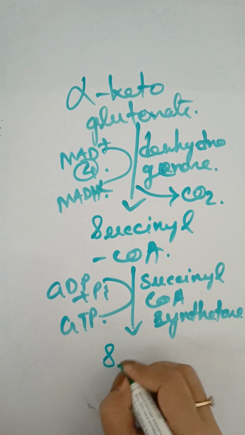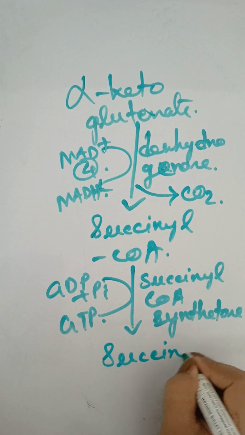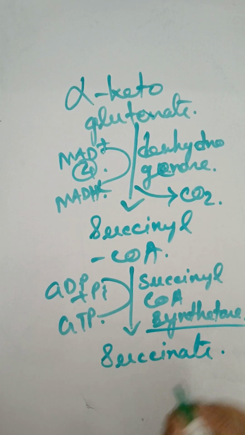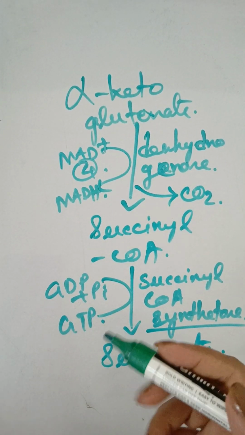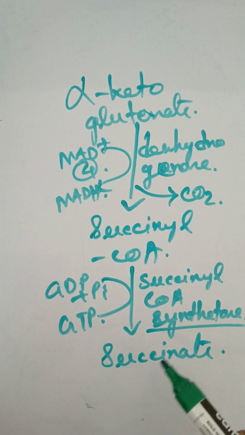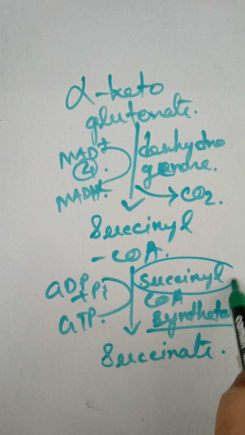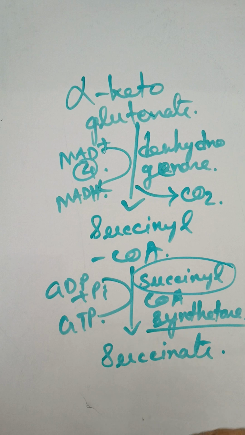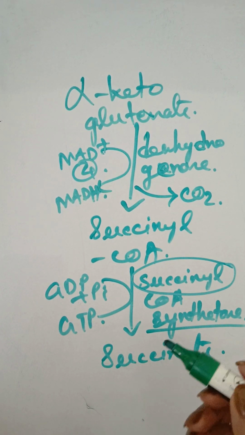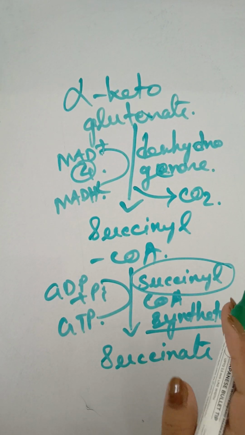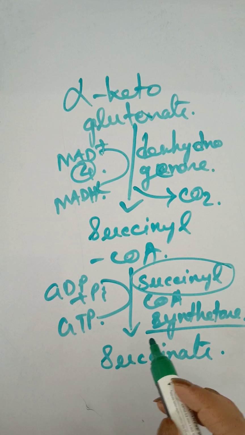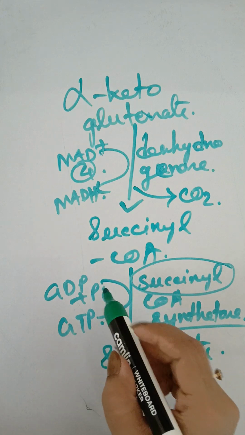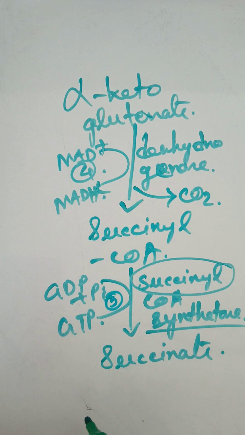Now it will give rise to succinate. Always remember, synthetase means that enzyme which helps to synthesize some product, and the name implies what product it is going to produce. Succinyl-CoA synthetase means succinate will be produced. So this is reaction 5. Okay, so succinate is finally produced.